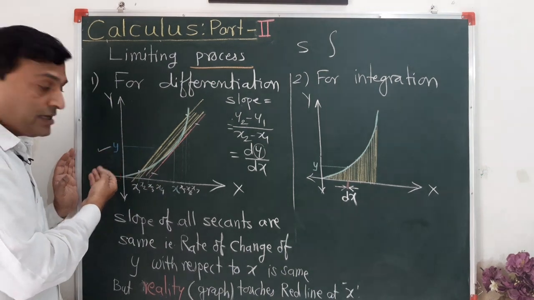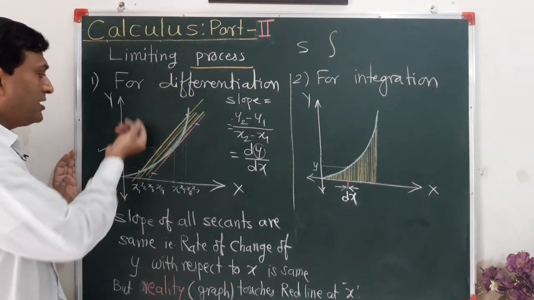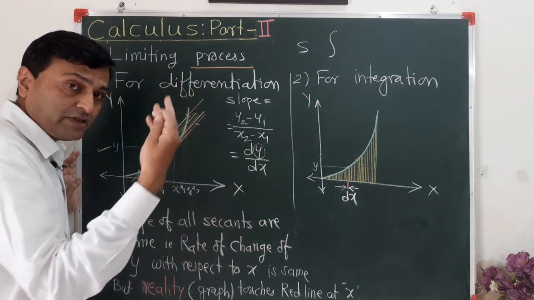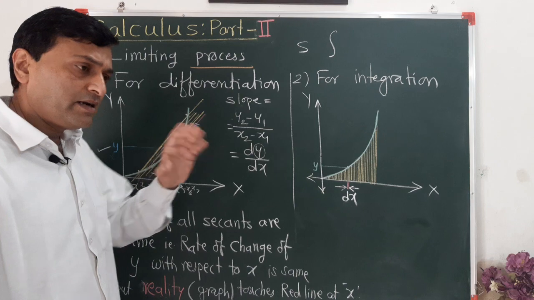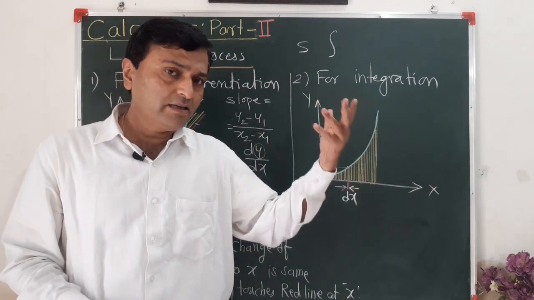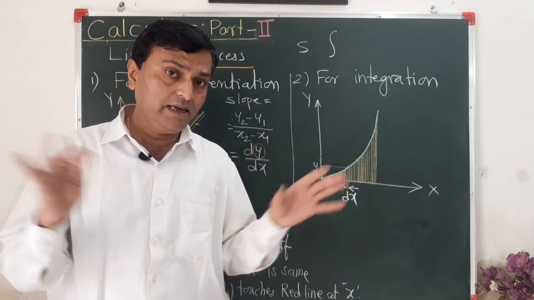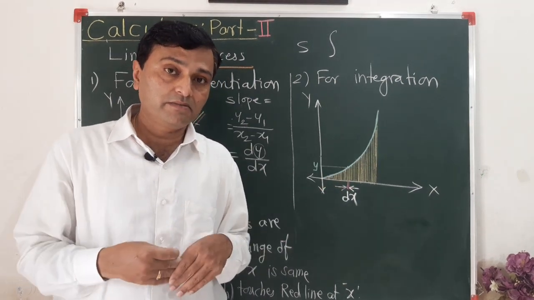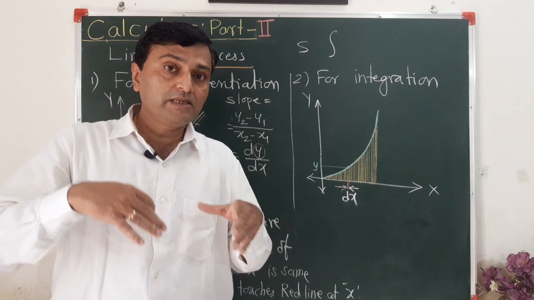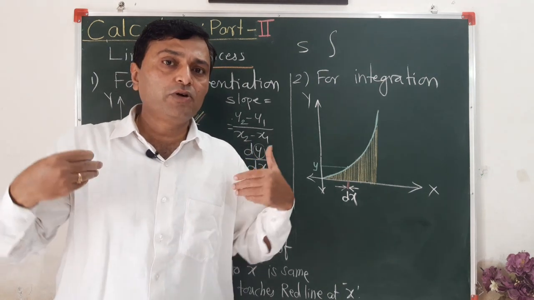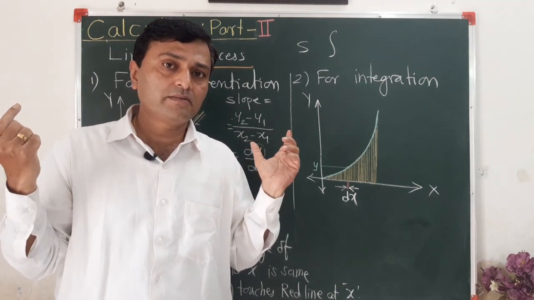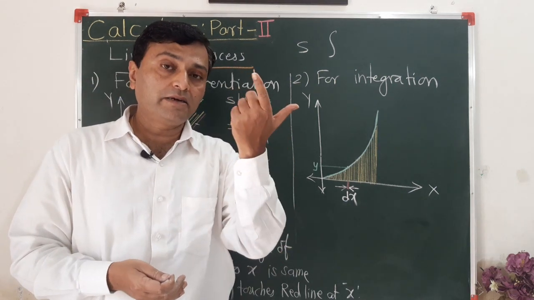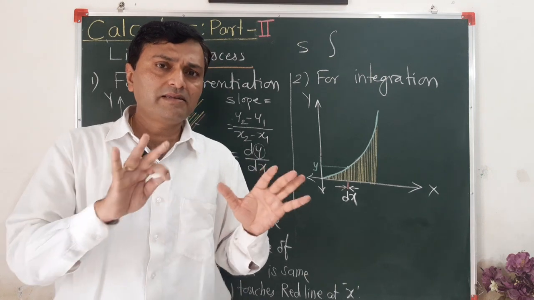Last time I took speed. As speed is increasing, you can take distance, any. Speed is increasing with respect to time, distance is increasing with respect to time. Any variable can be dependent on any other variable, any physical quantity. My temperature is increasing, it is because something is going wrong inside my body. It depends on something, maybe some bacteria or virus.